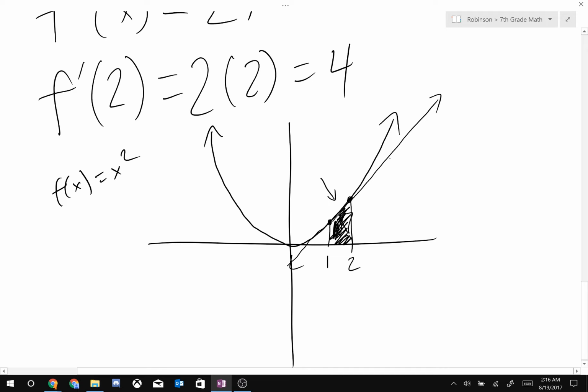Instead, it lets us take a very nice area of that.